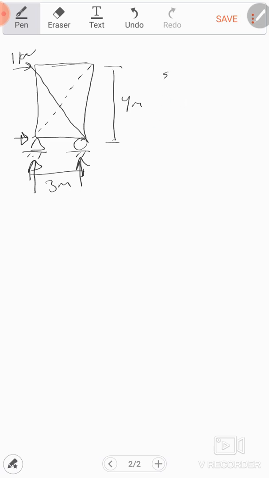First, we use summation FH equals 0. HA, that means this one, the horizontal; or I can use the number 1, because I already put it, this one is node A, but it's okay, no problem. This is node number 2, 3, and 4.